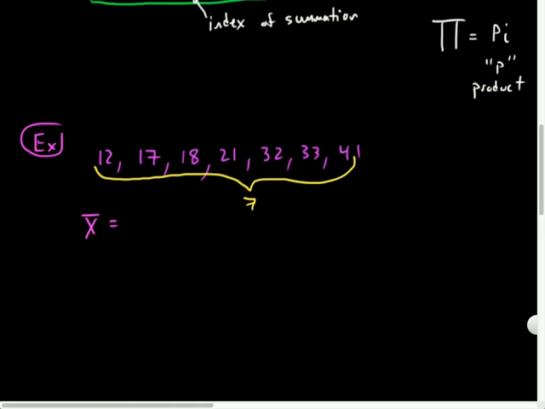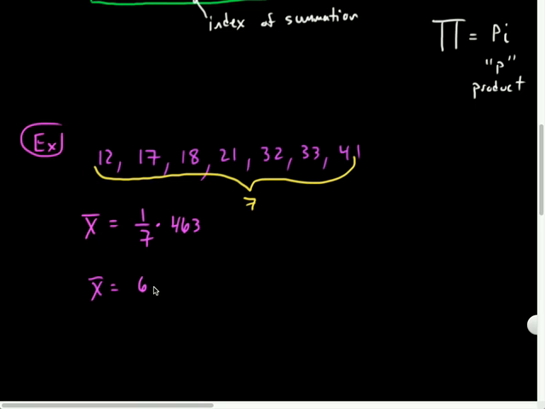So I'll have 1/7 times their sum, and I'll grab a calculator for this. 12 plus 17 plus 18 plus 21 plus 32 plus 33 plus 41 is 463. So x bar is that divided by 7, which is 66.14.